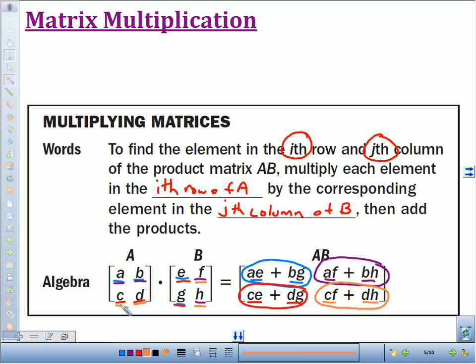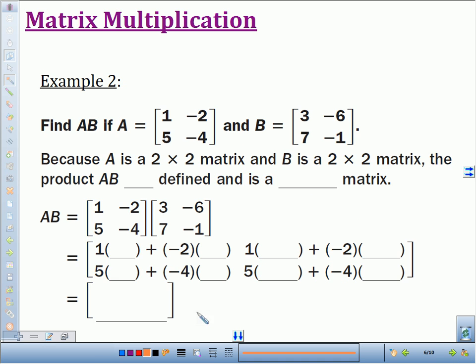Then I multiplied everything in the second row of the A matrix by everything in the first column of the B matrix. And I multiplied everything in the second row of the A matrix by everything in the second column of the B matrix. There's a lot of little multiplication and little additions going on in this process, but the more we practice it, the better we'll get at it.